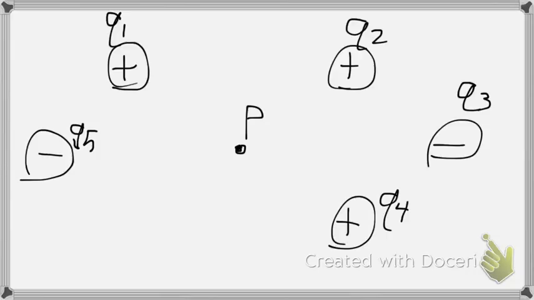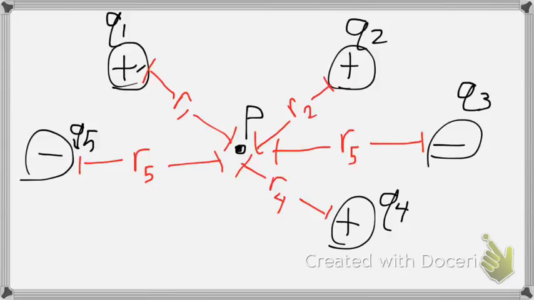So let's say I've got a point P in space and I want to know the voltage there. If I have, let's say, 3 positive charges and 2 negative charges around it, all labeled Q1 through Q5, and I know the distance each one of these particles is from point P, then I can find the voltage contribution from each of these charges.